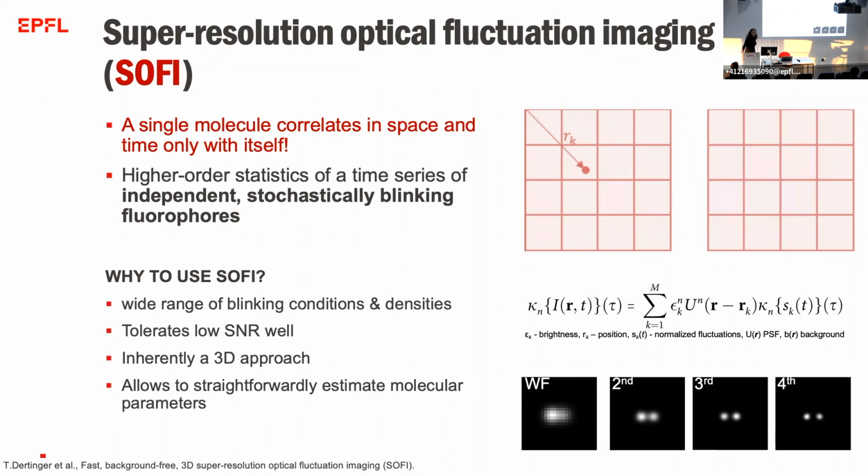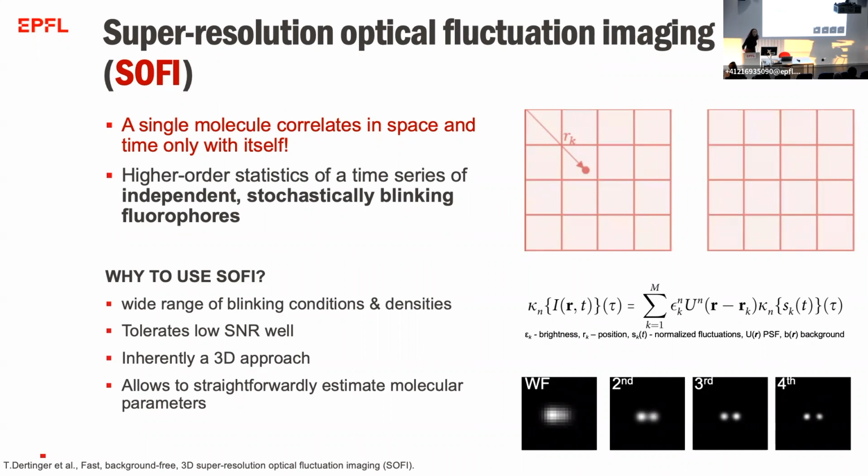So the order of the SOFI is defined by this cross cumulant, and the resolution is then improved by the square root of the order of the cumulant that we take when we do this type of cross correlating work. So the higher order of the SOFI requires more images.